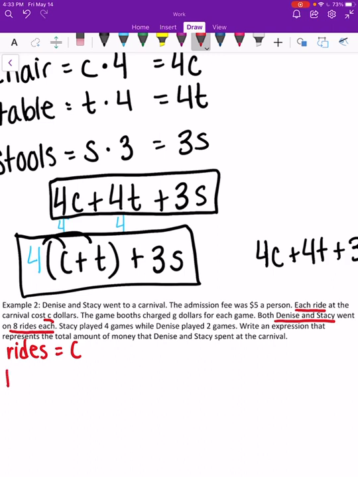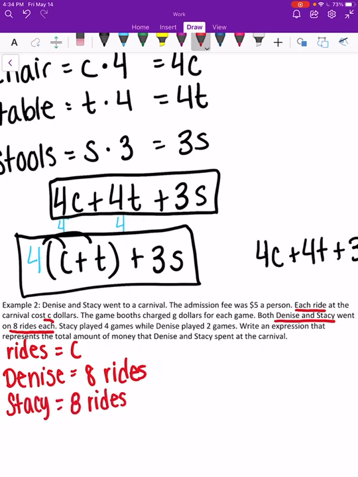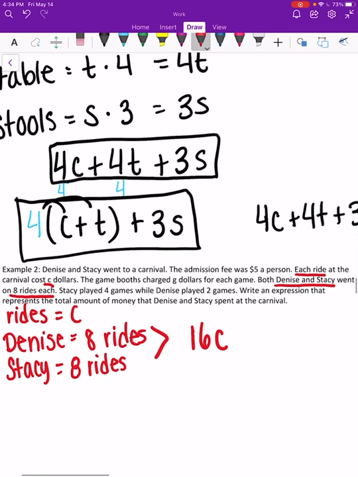So Denise went on 8 rides. And Stacy went on 8 rides. So if they both went on 8 rides, they went on 16 rides in total. And to find out the cost, we have to multiply 16 times C. So that's it for our rides.